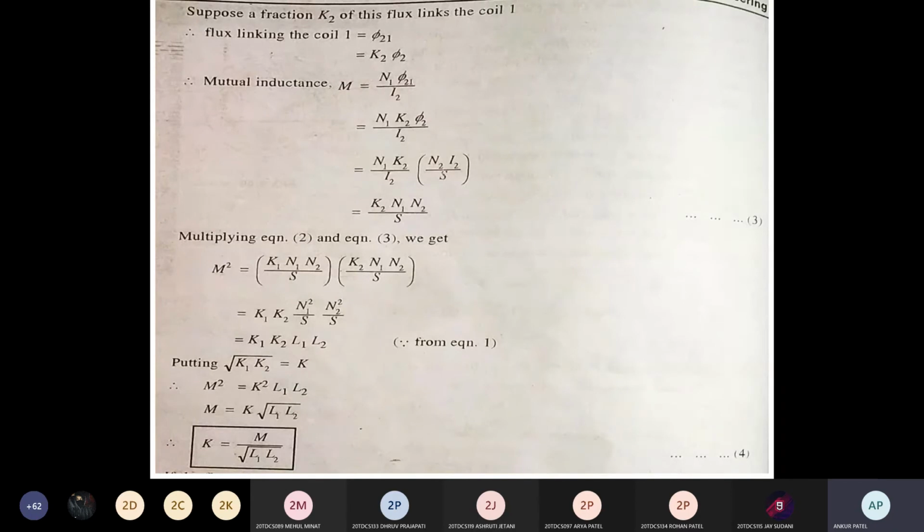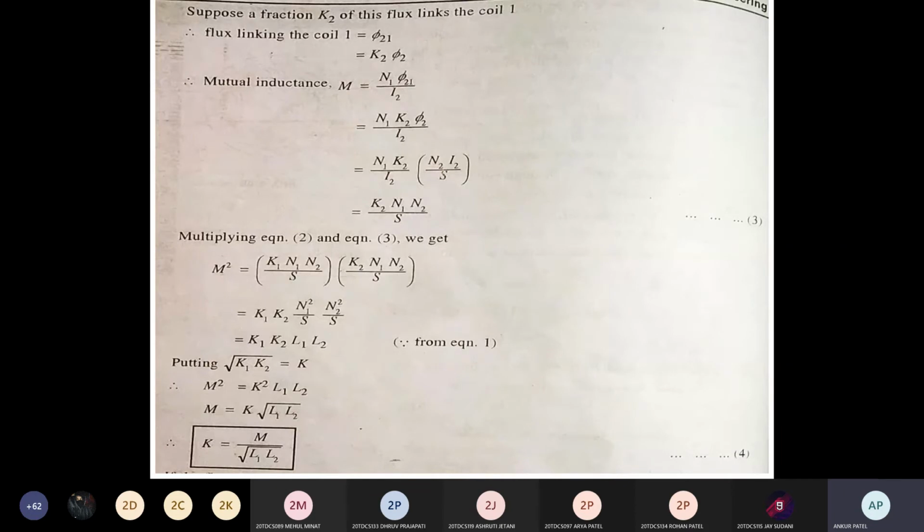The mutual inductance M, now done from coil 2 to 1, we can write as N1 into phi21 by I2. Now it links with the turns of coil 1.